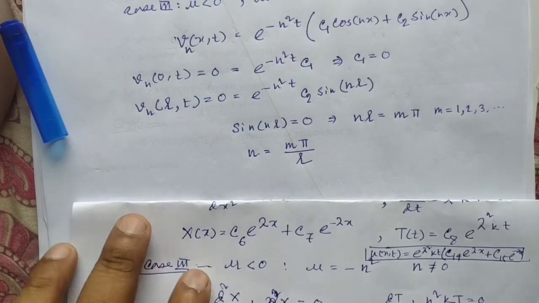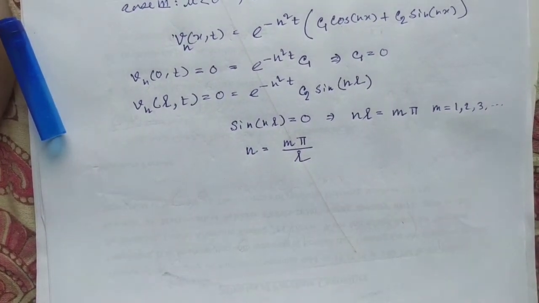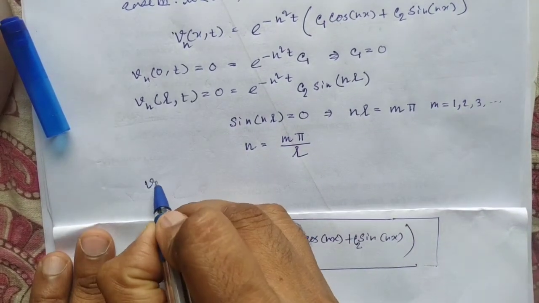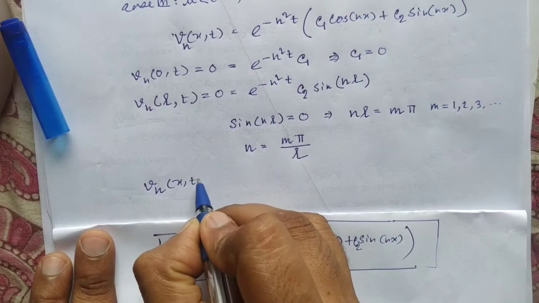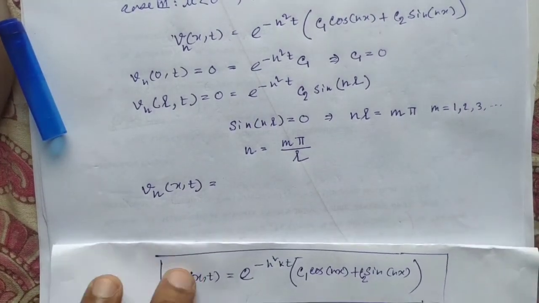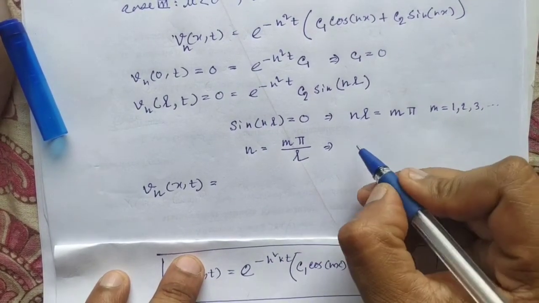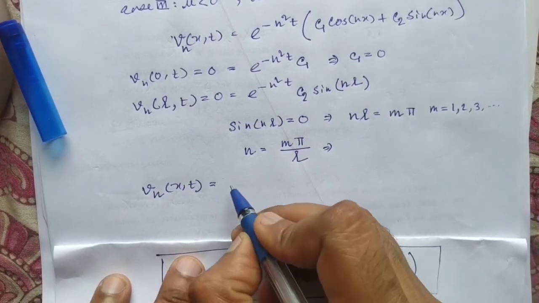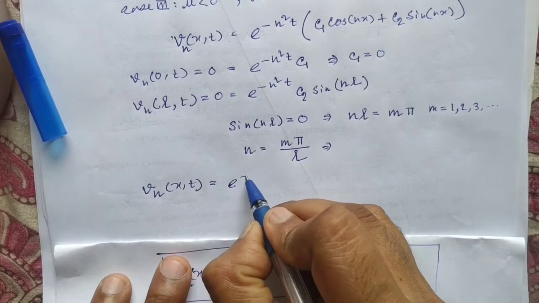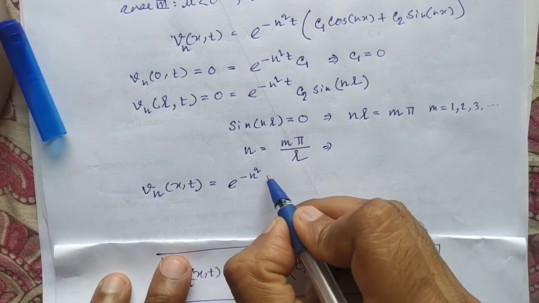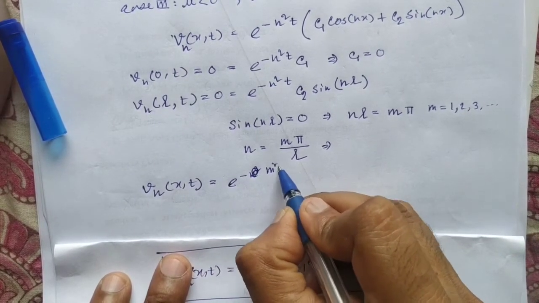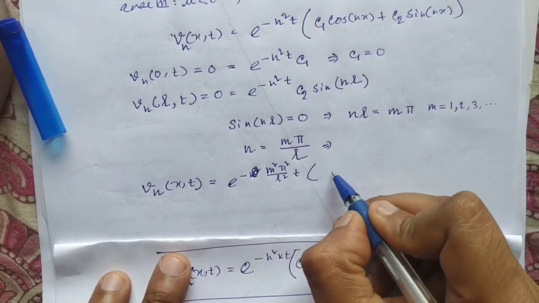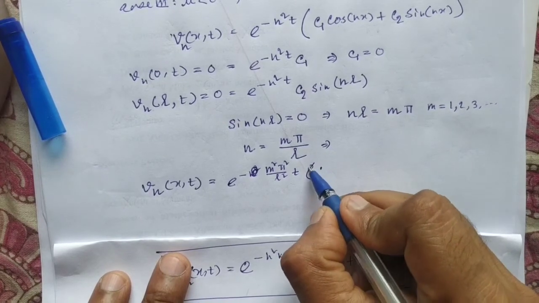V_n of x, t is equal to, this is directly giving you that you can input there, e to the power minus m square pi square by L square t, and c1 has vanished, c2 only remained.